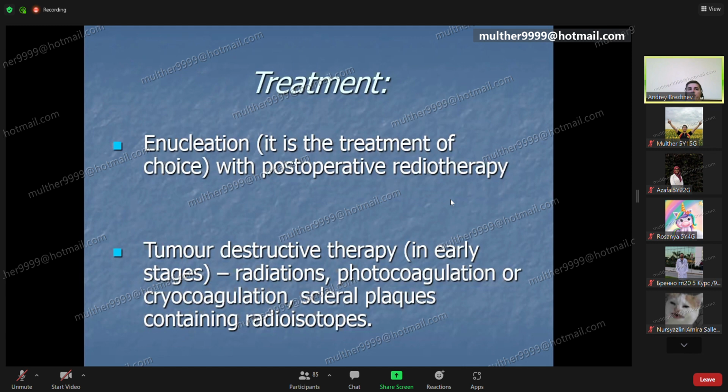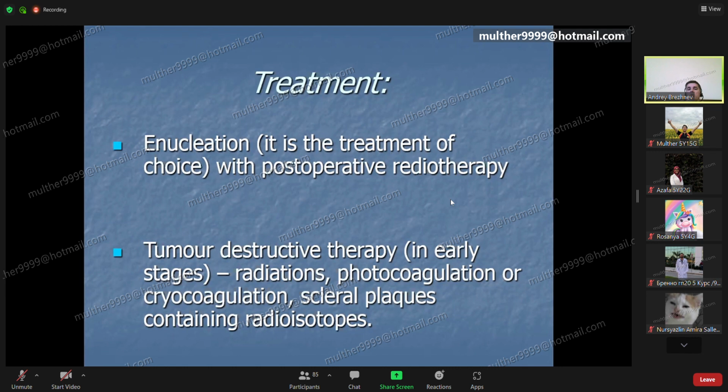Treatment. Treatment of retinoblastoma is surgical, or in some cases we use chemotherapy or radioactive therapy if it's a small tumor and if it's possible to save the eyeball as an organ.